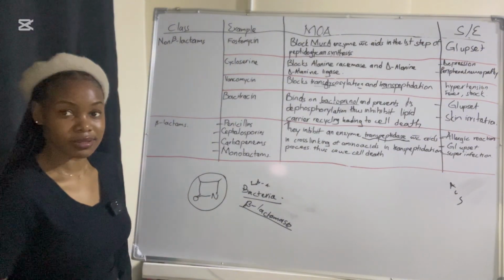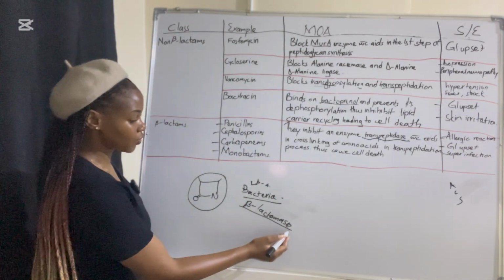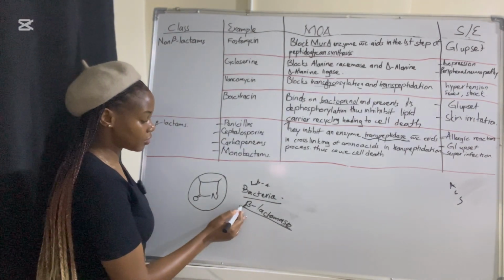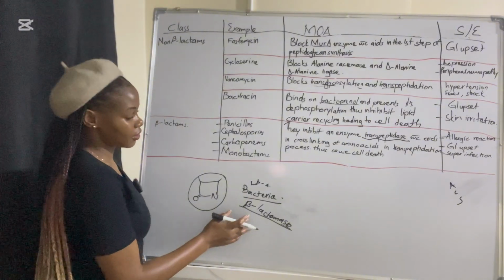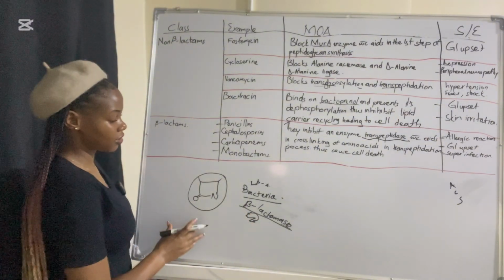So with time, scientists came up with drugs to help inhibit or kill this beta lactamase enzyme that destroys the beta lactam ring.